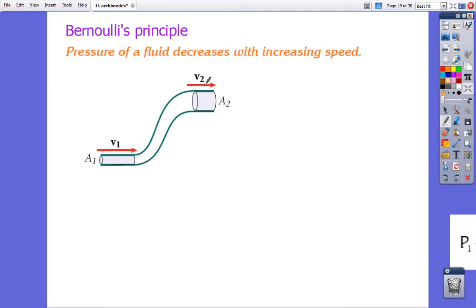So I'm going to show you an example here. If you hold two pieces of paper in front of your face, let's say there is no wind flowing through the paper or around it.